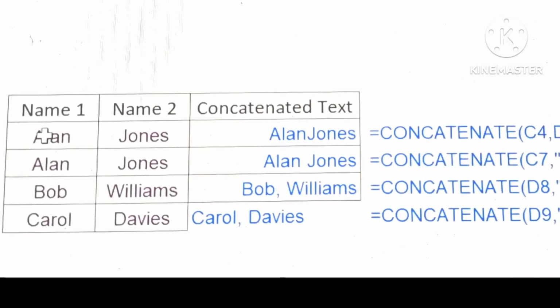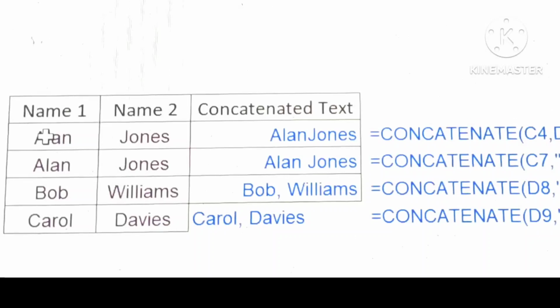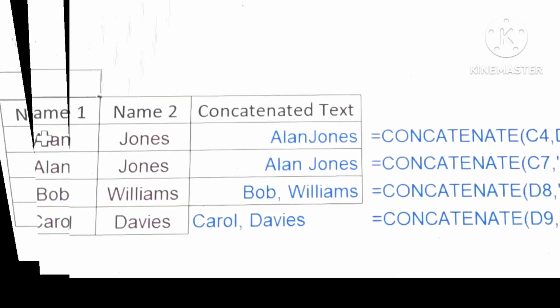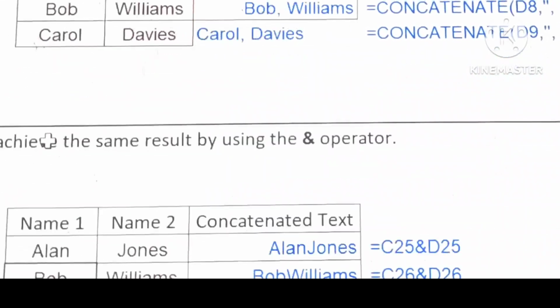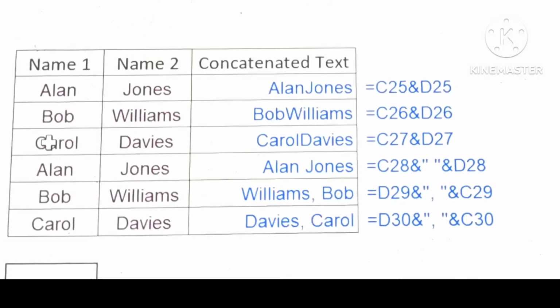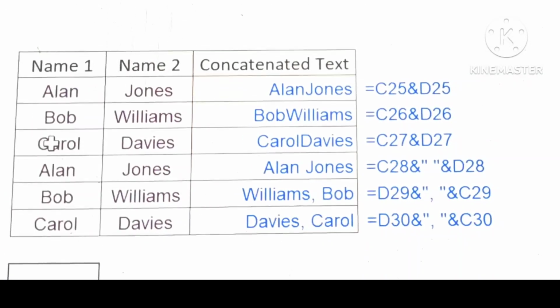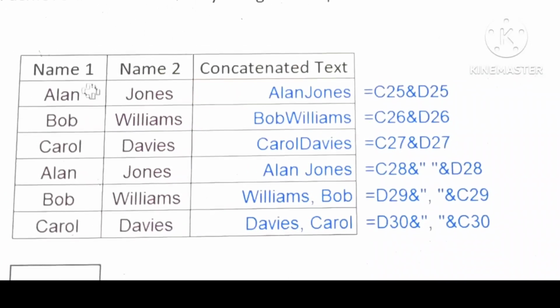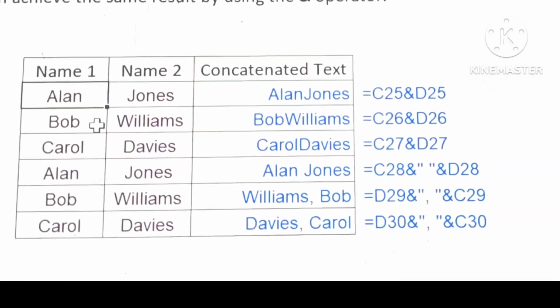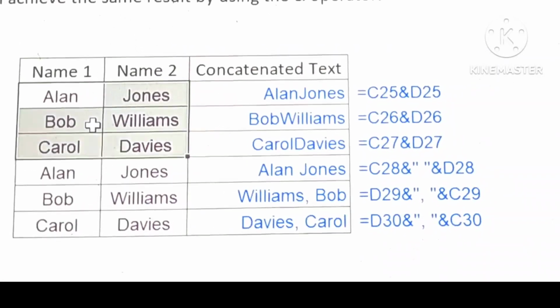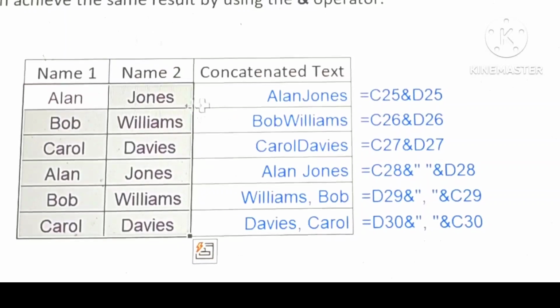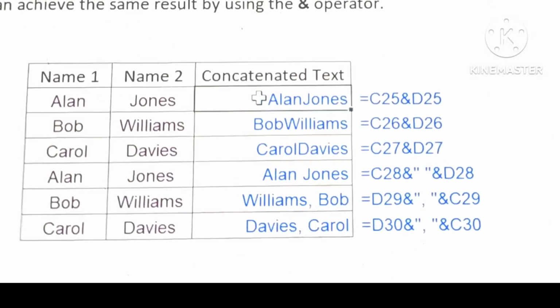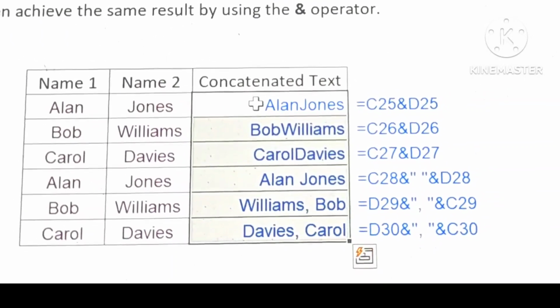Along with concatenate, we can achieve the same result with another operator, the AND function, the ampersand. So let's try that as well. Here I have the same names which we used in the above table. The first one is Alan Jones. Let me clear this first.